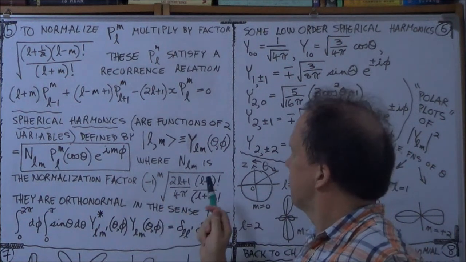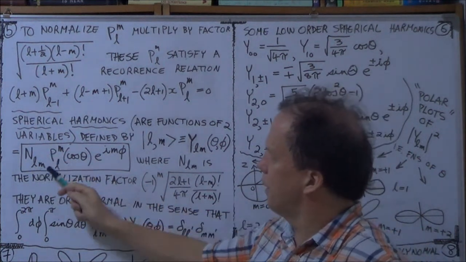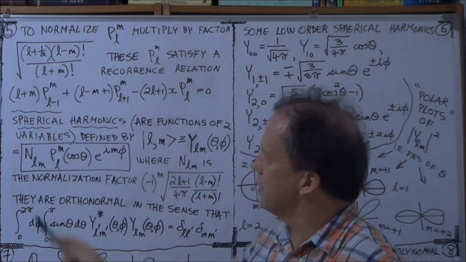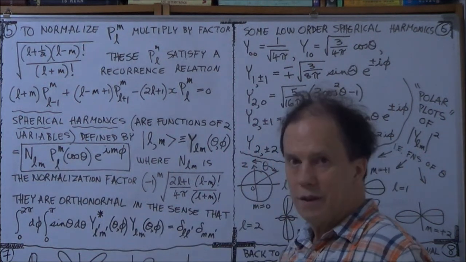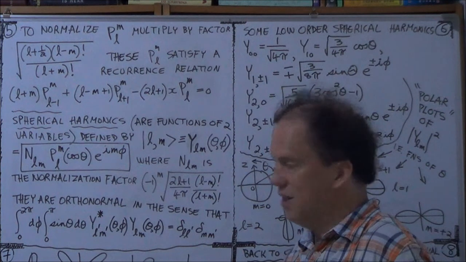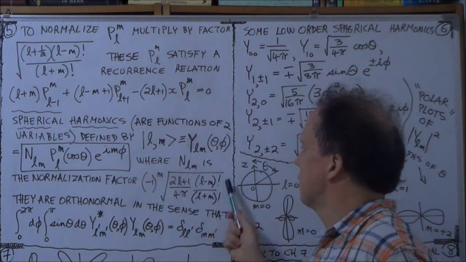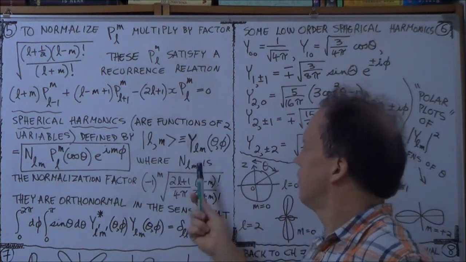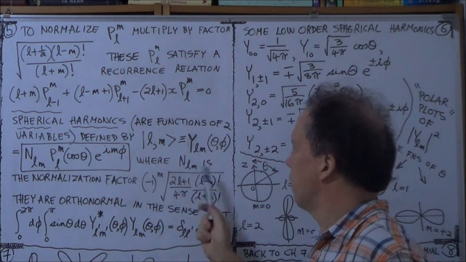Now, if you want to do it as homework, to try to evaluate what this normalization constant is, it works out to be this, which is a bit involved. So minus 1 to the m, square root, blah blah blah.